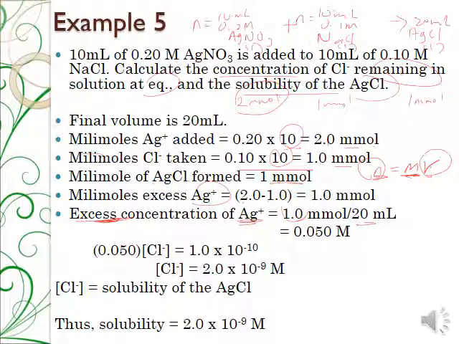So 1 millimole divided by 20 ml, we have 0.05 molar, mole per liter. You can convert to mole and liter, you still obtain the same concentration.